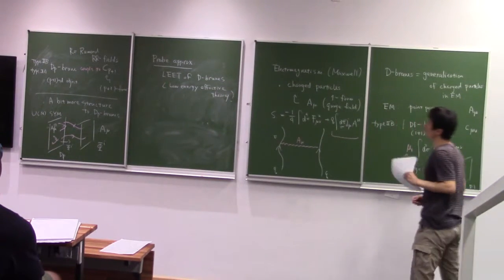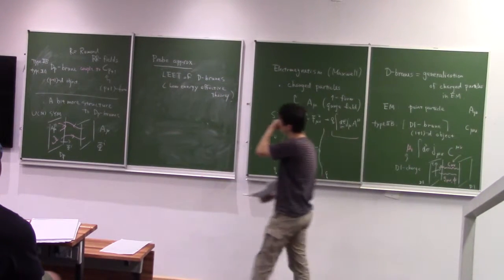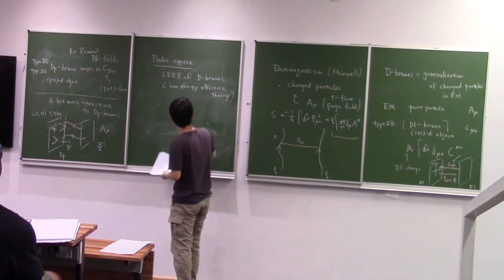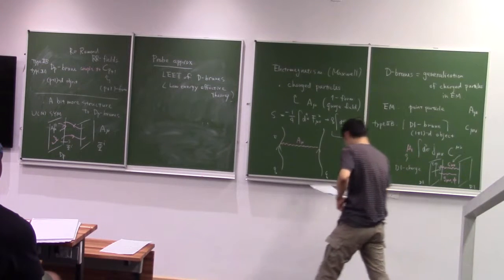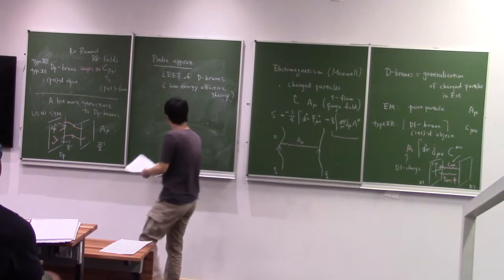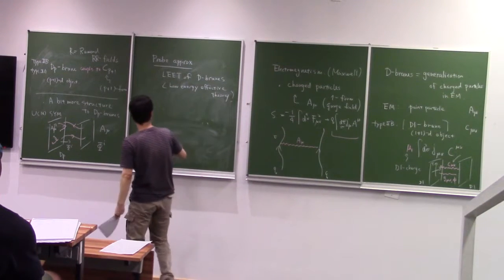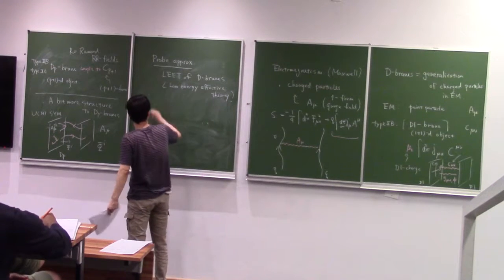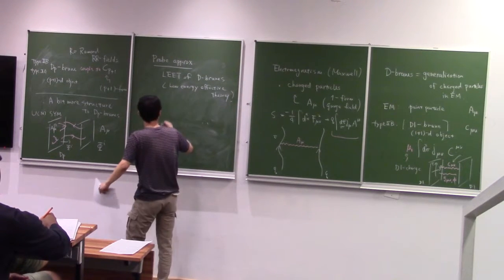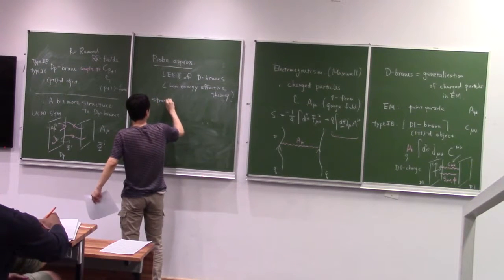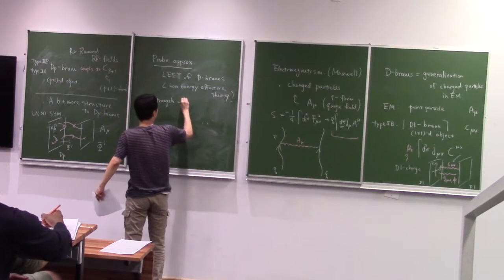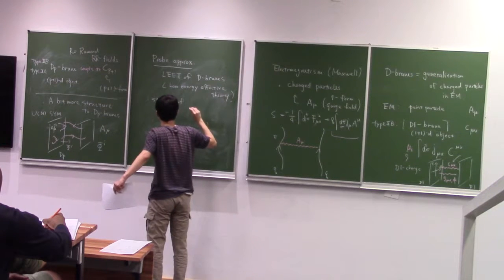So to study this probe approximation, I need a tool, which is the low energy effective theory of D-branes. And so let's say, it's an approximation. Let's say the first, let me consider the strength of gravity.